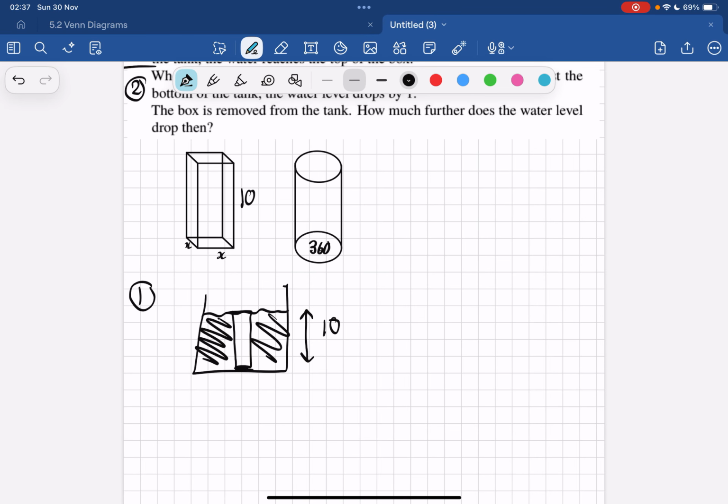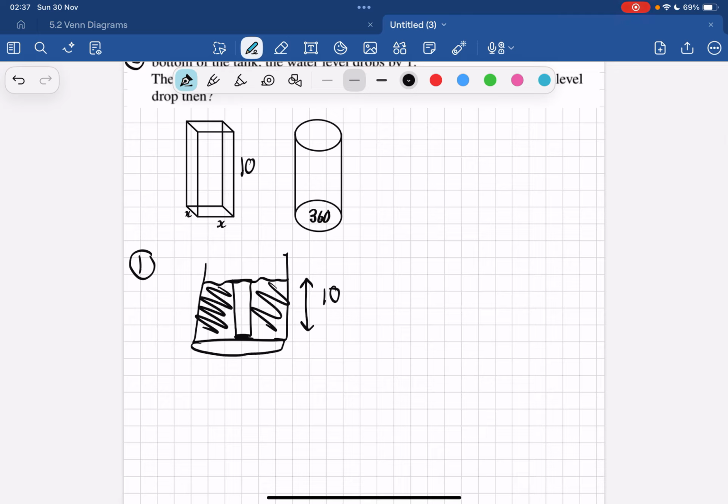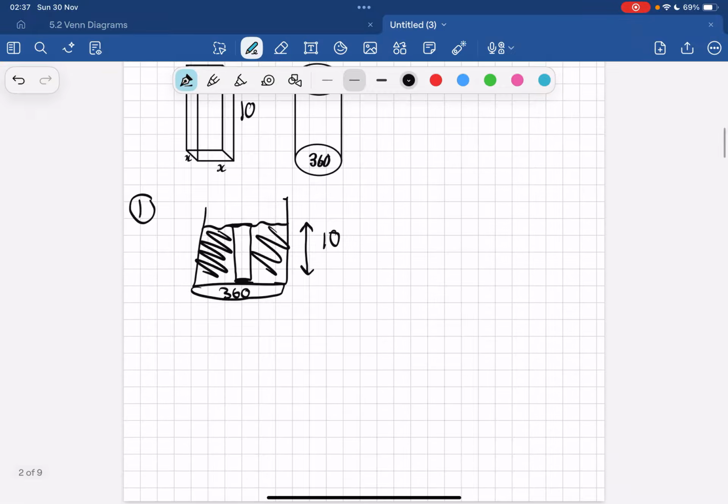Our shaded part is our water, and we've got a base of 360. Another way we can look at this is from a bird's eye view. It's got a square with side length x, and the rest of the circle is just water.